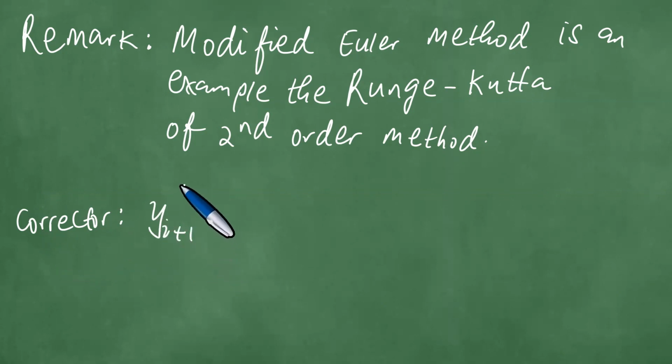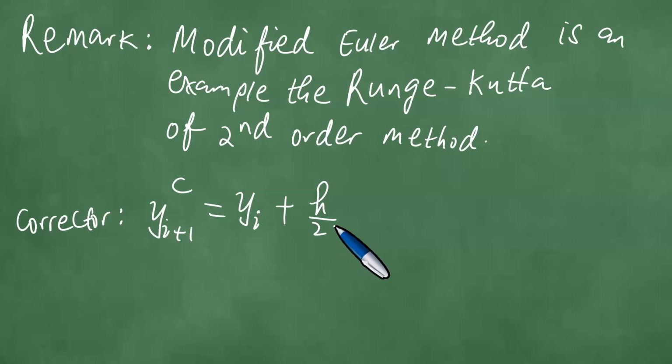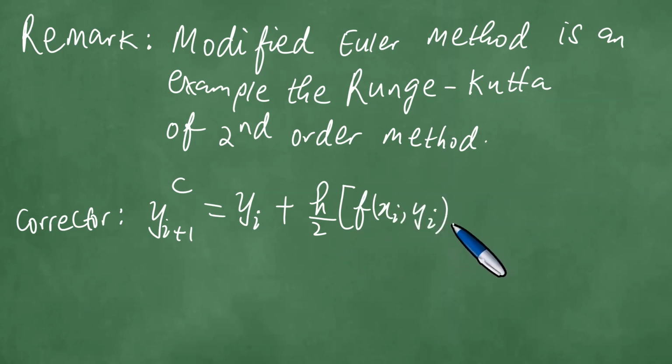So you have y_{i+1} equals y_i plus h over 2 times f of x_i, y_i plus f of x_{i+1}.